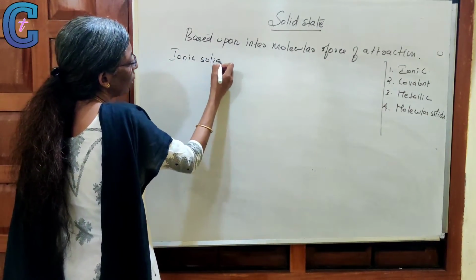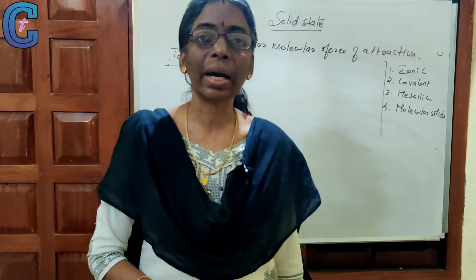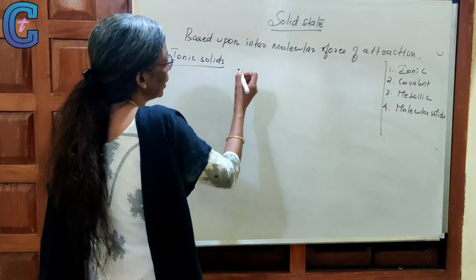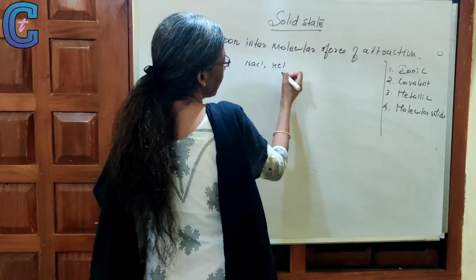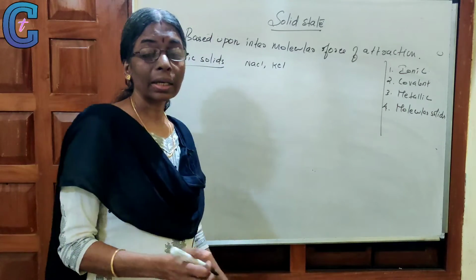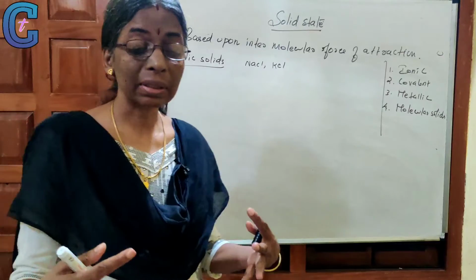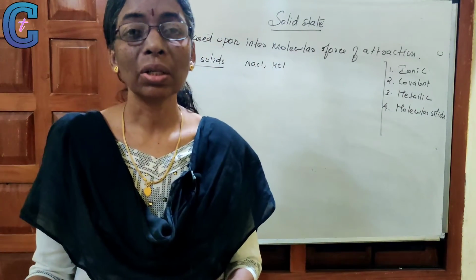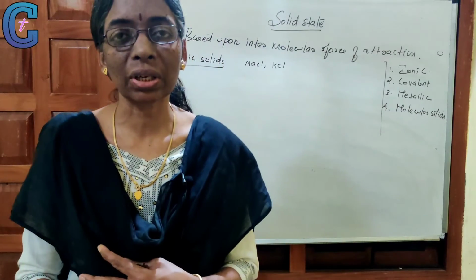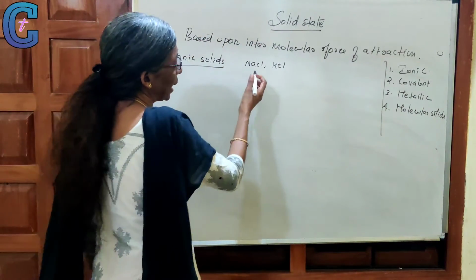Ionic solids you might have already studied in different lessons, even in chemical bonding. A very good example is NaCl, KCl. Here the particles are positively charged and negatively charged ions, so the Coulombic or electrostatic force of attraction binds them together.